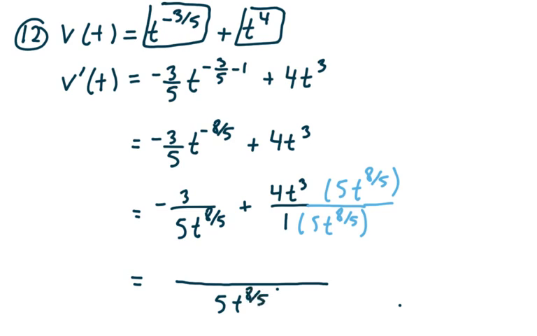In the numerator, I get 20t. Now, 3 is the same as 15 over 5. And 15 over 5 plus 8 over 5 is 23 over 5. And then I'm going to subtract 3. And this would be, in fact, v prime of t. And that's how you do problem 12.